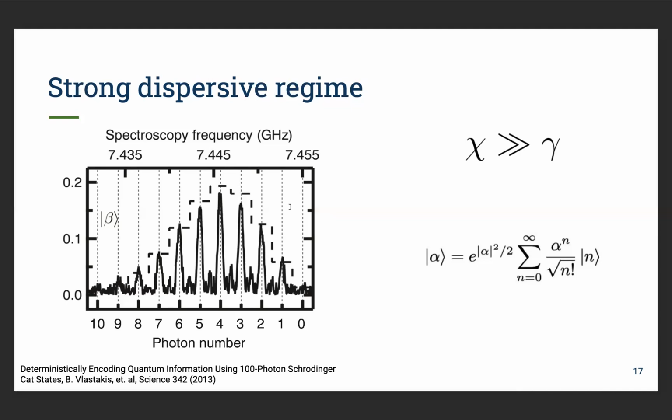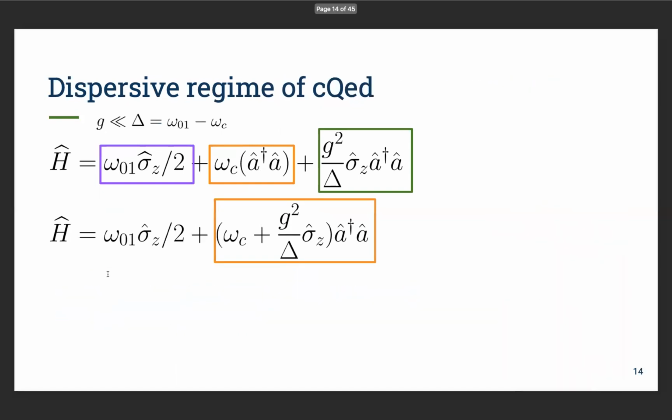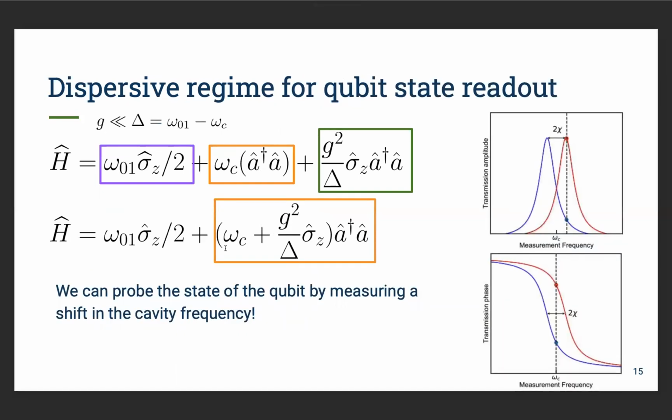Yeah. Could I just follow up on that? Could I ask how this measurement is carried out? Yeah, so you would do this measurement by applying a tone at omega c minus g squared over delta, which should be the cavity's frequency when the qubit's in its ground state.